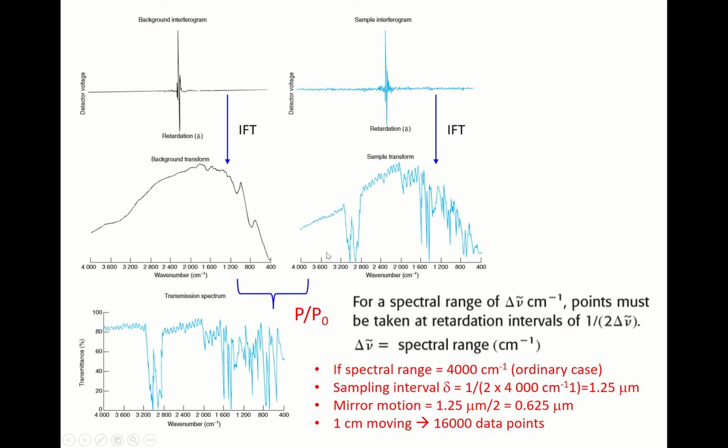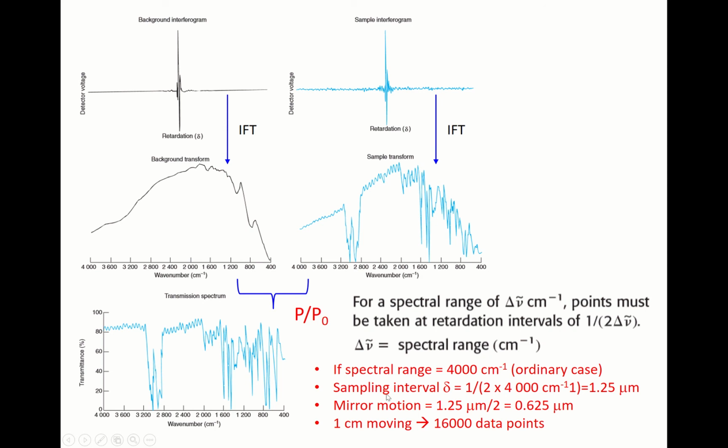This spectrum is not flat. Why? Because it also contains the reference spectrum. So you divide this one by this one, and then you get a standard-looking IR spectrum.